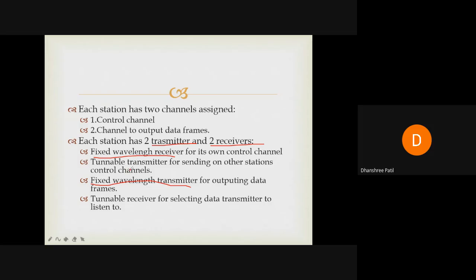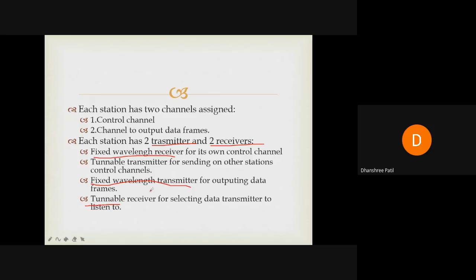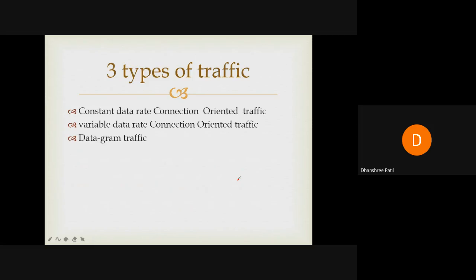So the tunable transmitter and tunable receiver are used for this purpose, and the fixed ones are used for data control. The tunable transmitter is for sending on other stations' control channel, and the tunable receiver is for selecting the data transmitter to listen to. So these two transmitters and receivers are used by every station.